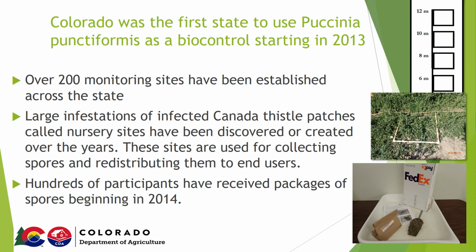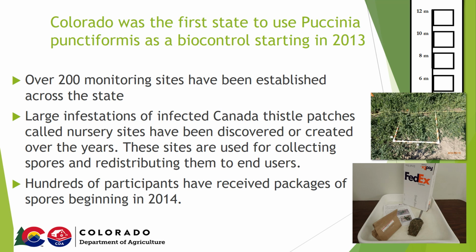Colorado was the first state to use Puccinia punctiformis as a biocontrol on a large scale. We have over 200 monitoring sites that have been established across the state. Large infestations of infected Canada thistle patches, called nursery sites, have been discovered or created over the years. These sites are used for collecting spores and redistributing them to end users.